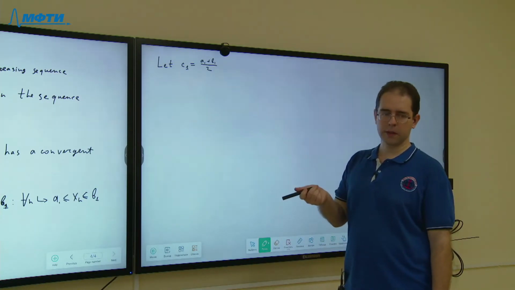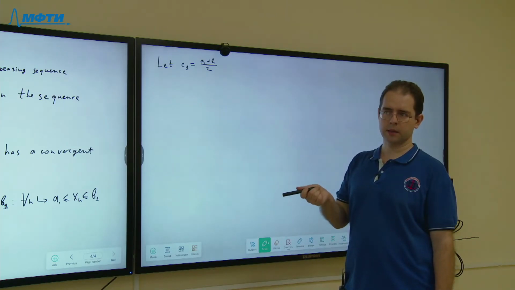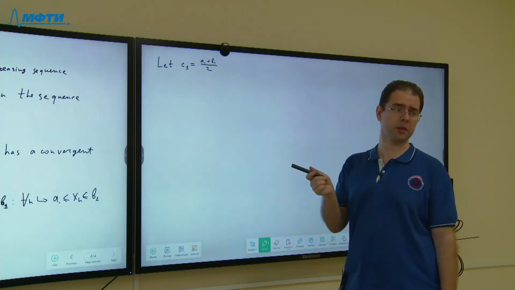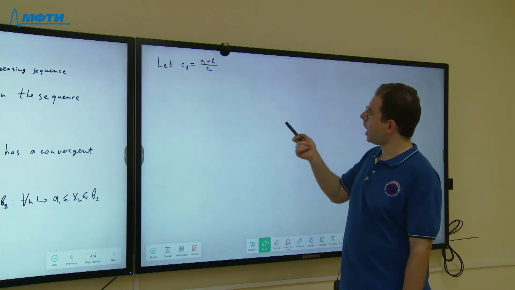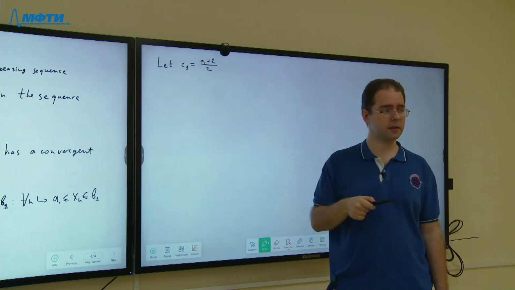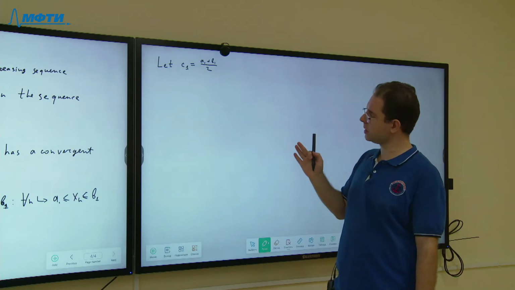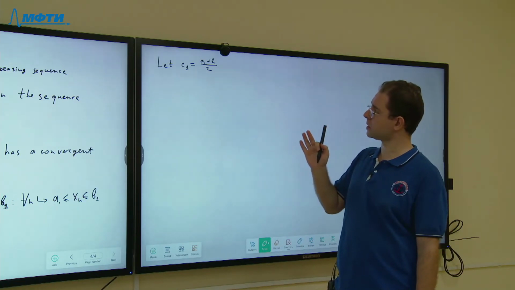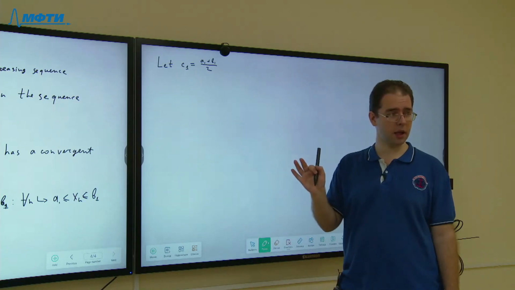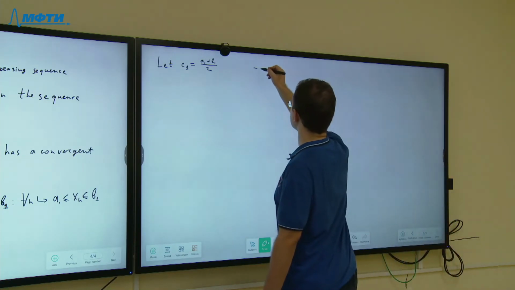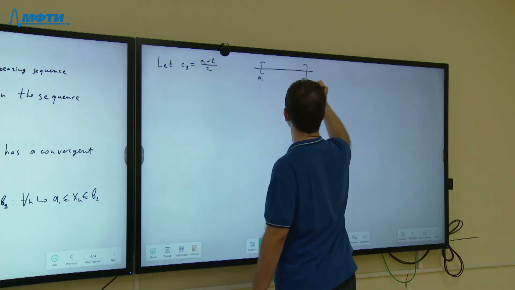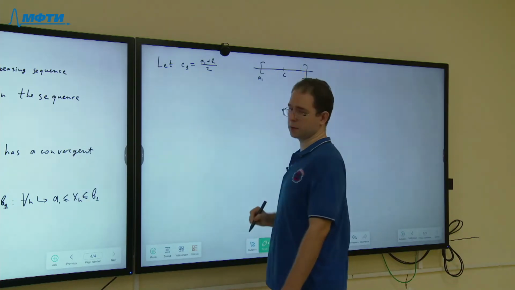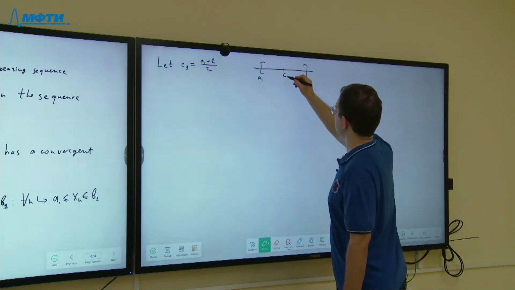On the interval A1, B1 lay infinitely many terms of my sequence, all of the terms of my sequence. Let's look at the intervals from A1 to C1 and from C1 to B1. So this is basically this picture: A1, B1, and this middle point, let's call it C1.